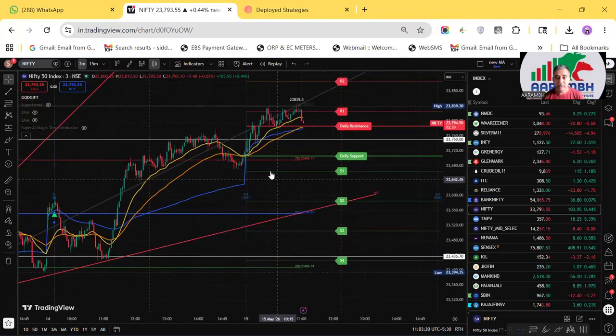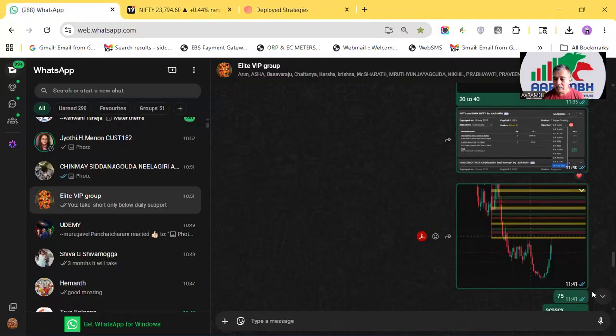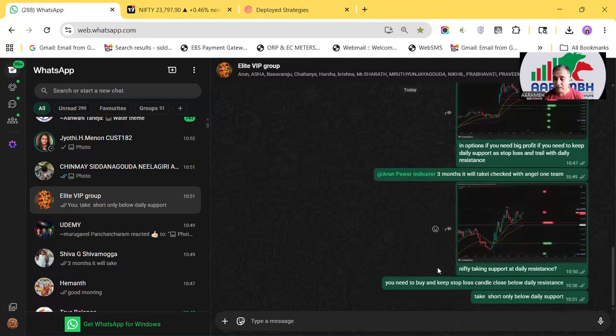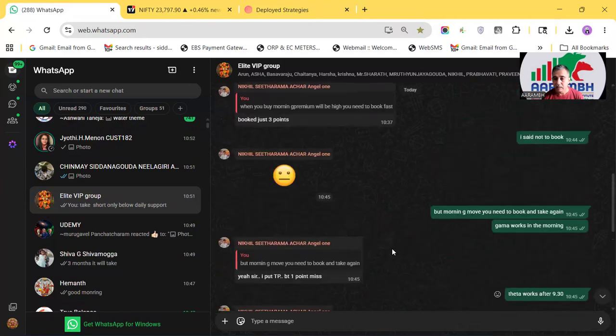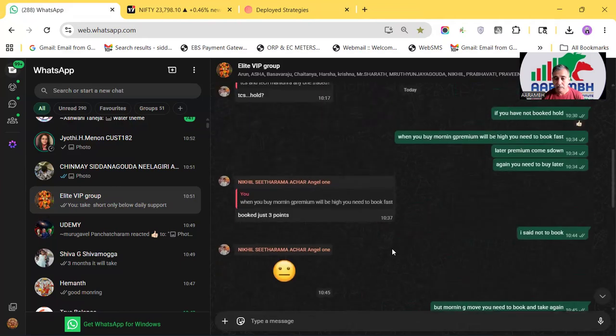And today, if you see here, daily support and daily resistance, I said it is a sideways market in the morning only. The same thing is happening today. At 10:30 to 10:45, it's supposed to make a move. Let's see what happens. What is the time now?